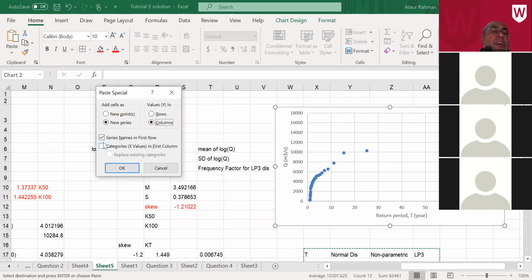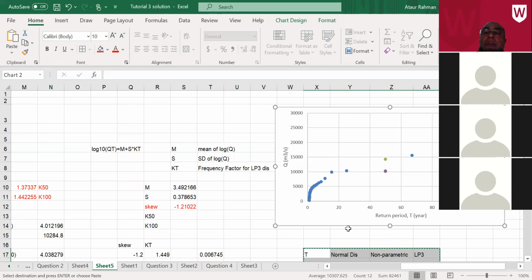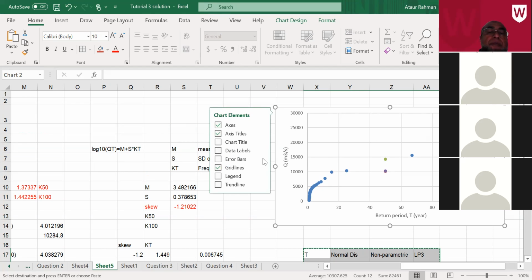And then I go here, series names in first row, which is T, and the category X values in the first column. If I say OK now, then you will find these distributional parameters, and we have to add a legend in the plot.